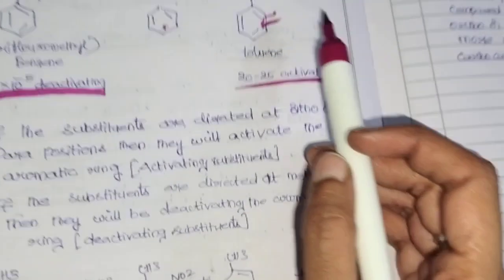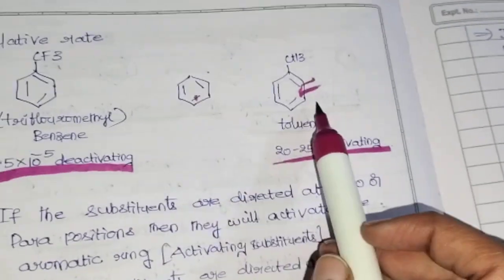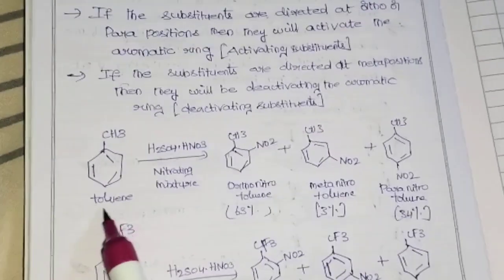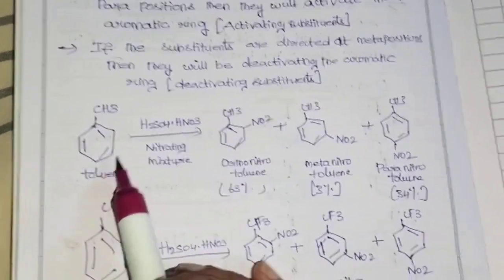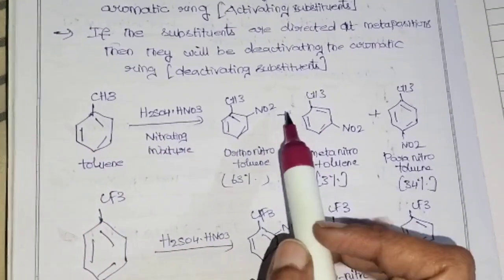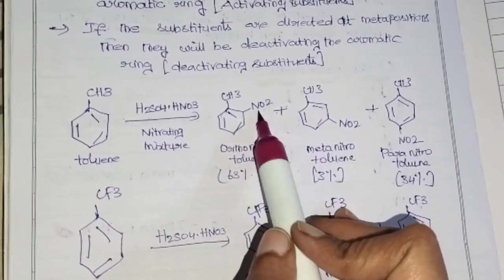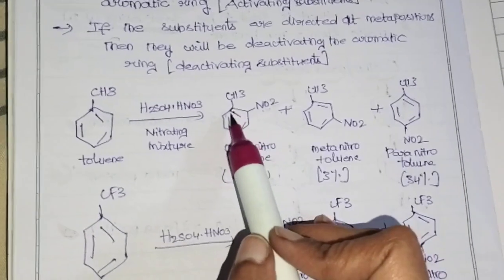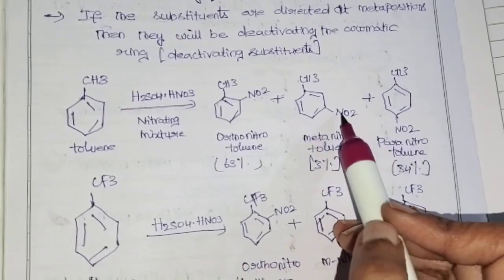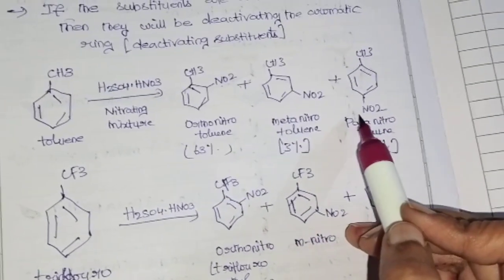See, toluene, I told, makes the benzene ring 20 to 25 times more activated. How is it possible? When we take toluene and a nitrating mixture, what happens? NO2 is attached at the ortho position. When the double bond is on this side, this is the ortho position, this is the meta position and this is the para position.